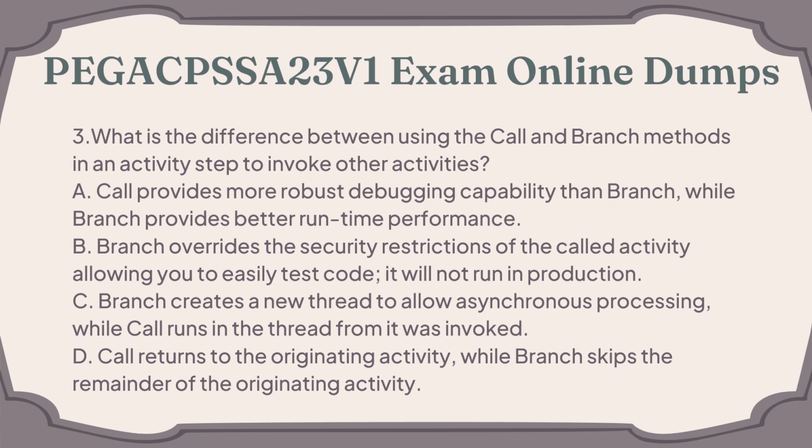It will not run in production. C. Branch creates a new thread to allow asynchronous processing, while call runs in the thread from which it was invoked. D. Call returns to the originating activity, while branch skips the remainder of the originating activity.